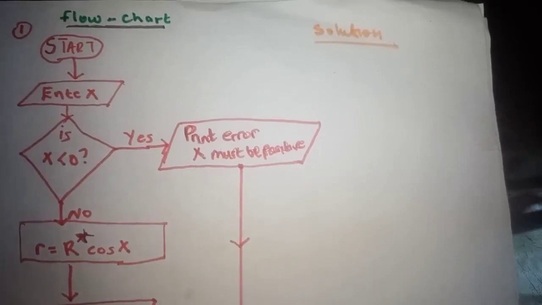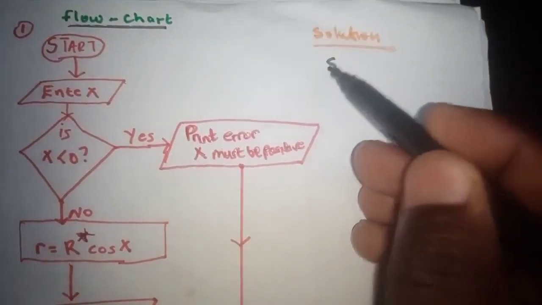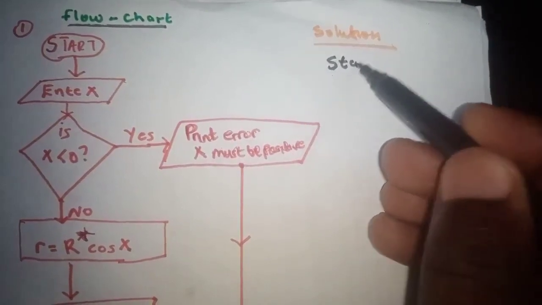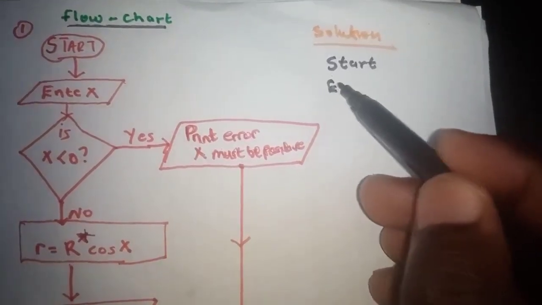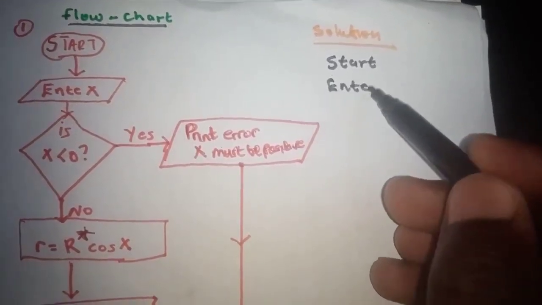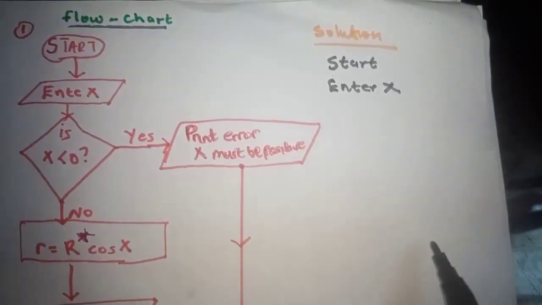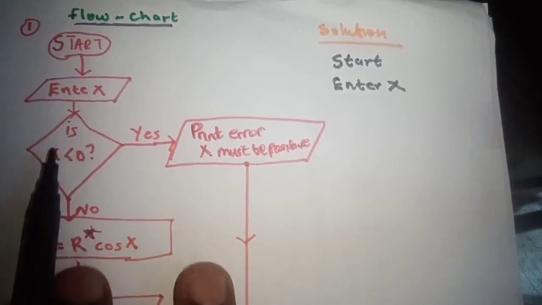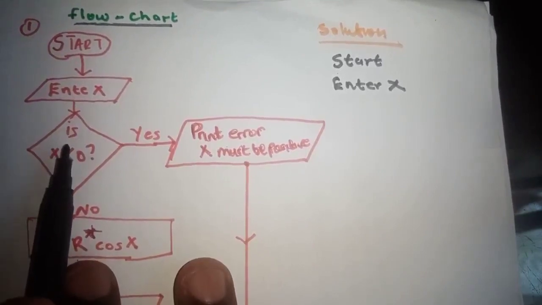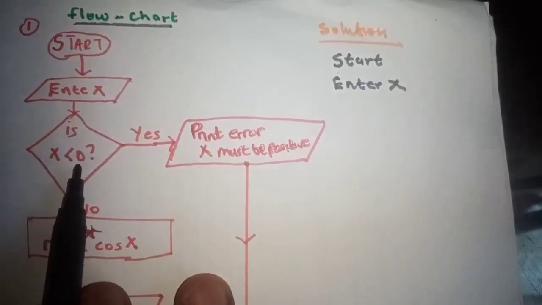flowchart. You're going to write this as it is. You are going to write it here, start. Enter x. Then now here is where you apply some thinking. In a flowchart you have is x less than 0.